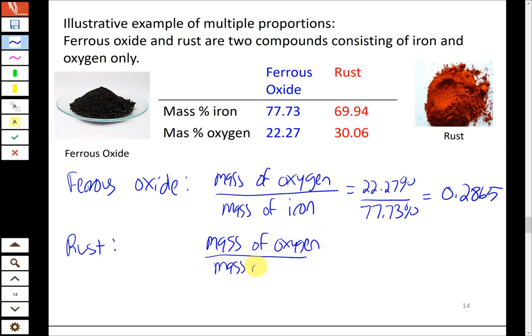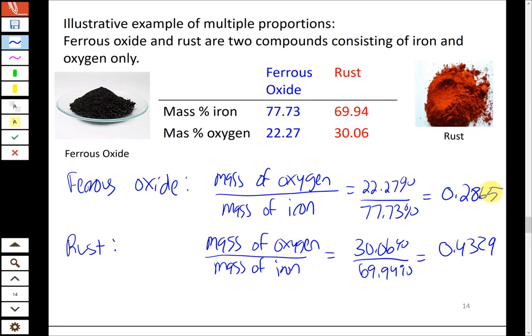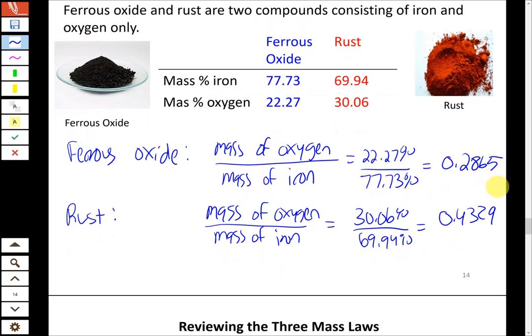Again, iron over oxygen would work. This is just a random demonstration. If you do the same ratio in rust, it's 30.06% for oxygen divided by 69.94, and that comes out to 0.4329.